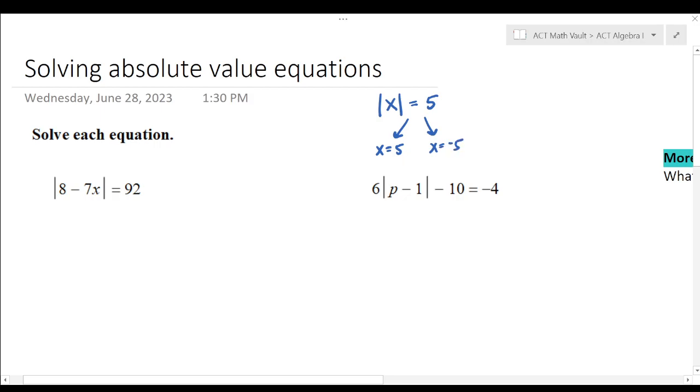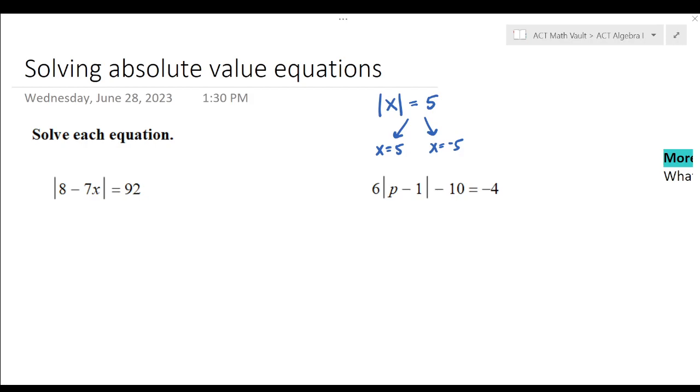The other is -5. Because the distance between 0 and 5 and 0 and -5 is the same. It's 5 units. Distance is always positive. You can never walk a negative distance.